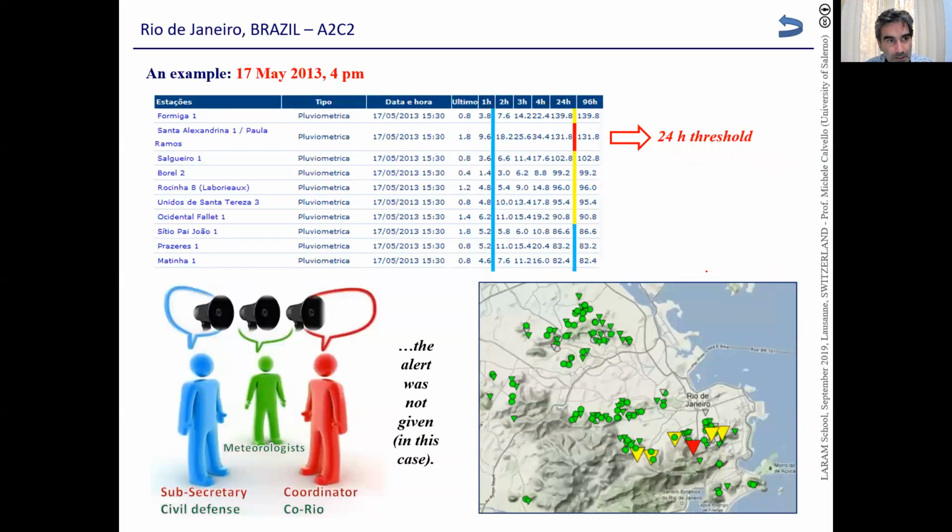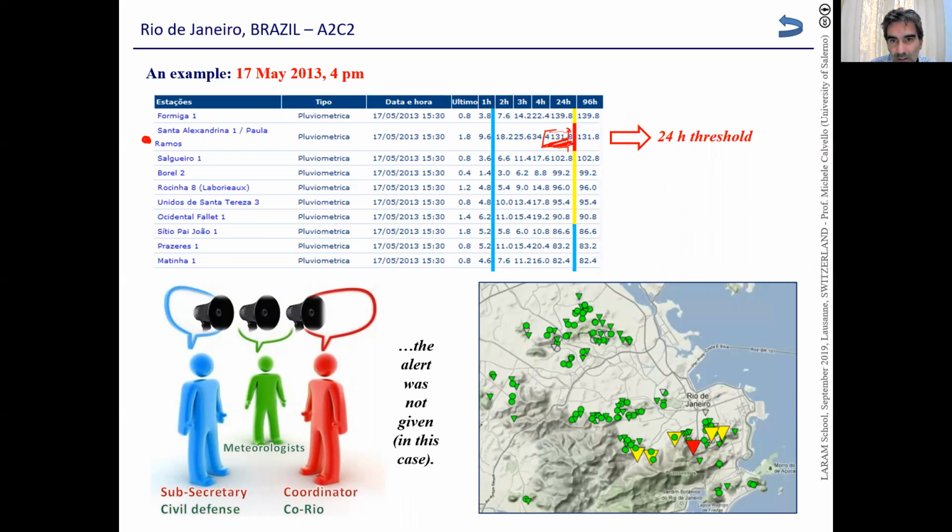I can tell you, as an example, again taking as a reference the same day as the one that I did before, on that same day at 4 p.m., you could see in one of these communities the 24-hour threshold was overcome. Sorry, I cannot highlight this very well.